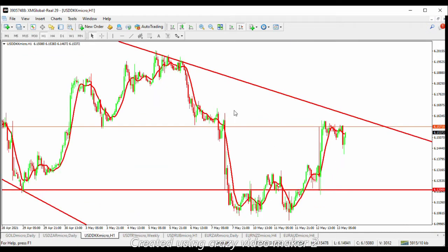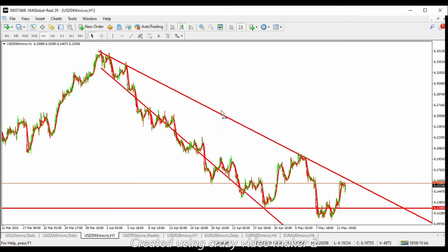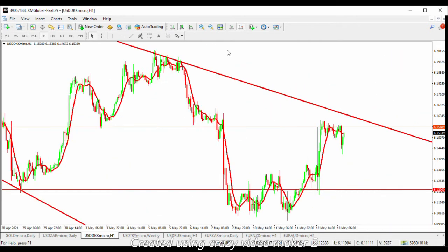US dollar DKK. This is another broadening wedge again. So this is another broadening wedge, descending broadening wedge, similar to the one we've just looked at on the US dollar MXN. So I was waiting for it to pull back all the way down here, but it seems since we already started all the way down here, this does look like a buy.